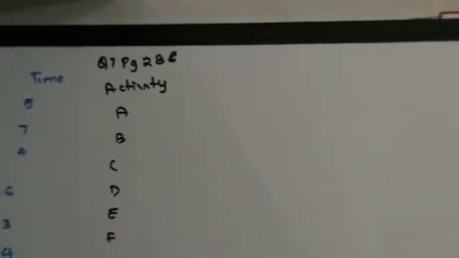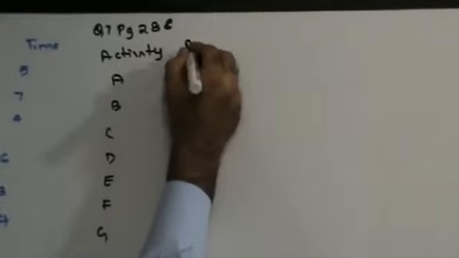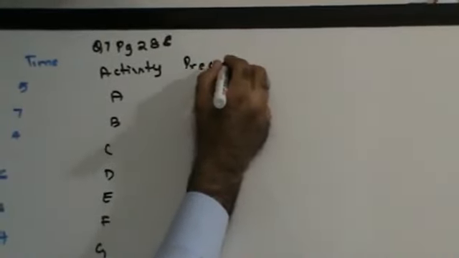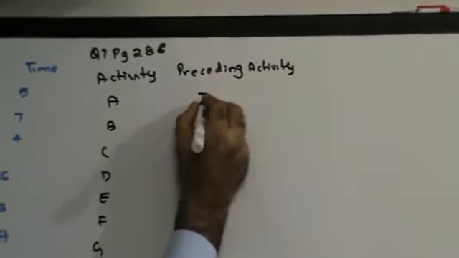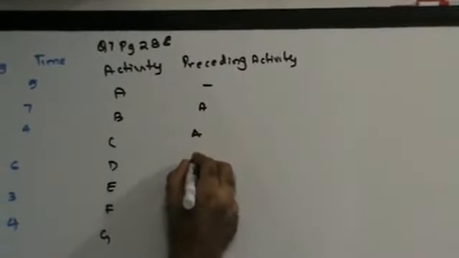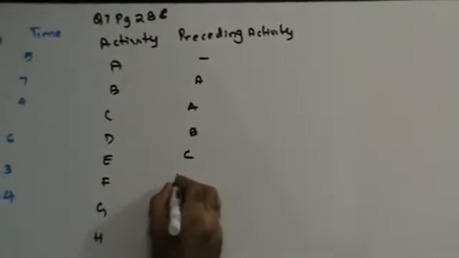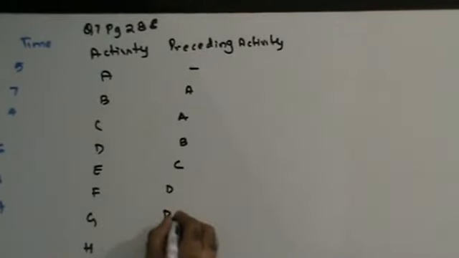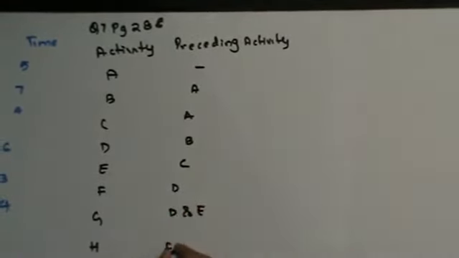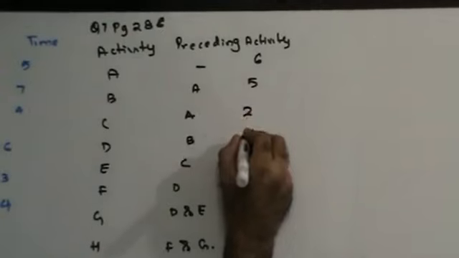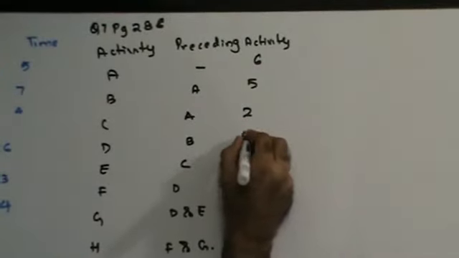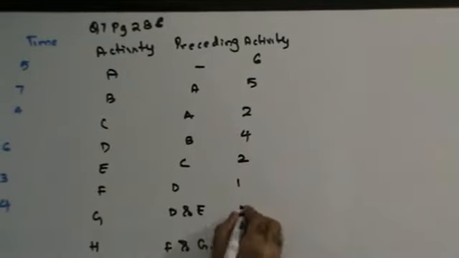Activities A, B, C, D, E, F, G, H. Preceding activity: A is blank, then A, B, C, D, D and E, F and G. Time: 6, 5, 2, 4, 2, 1, 5, 3.